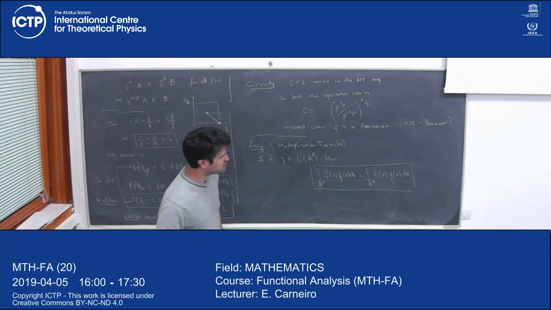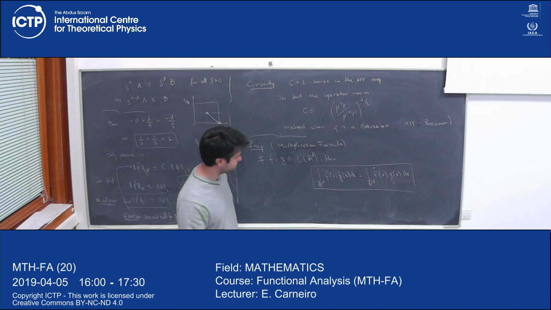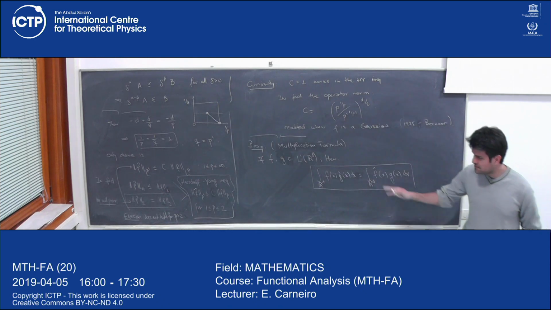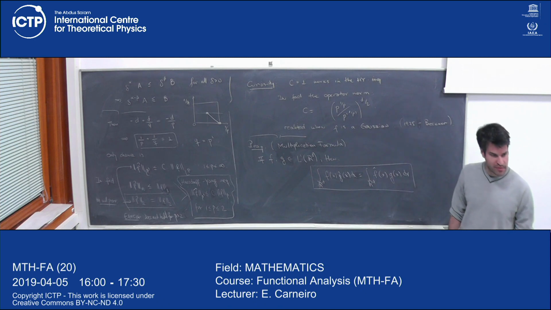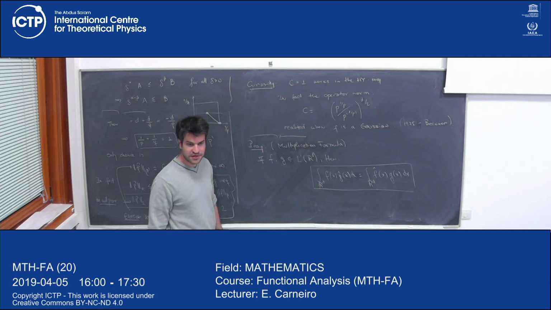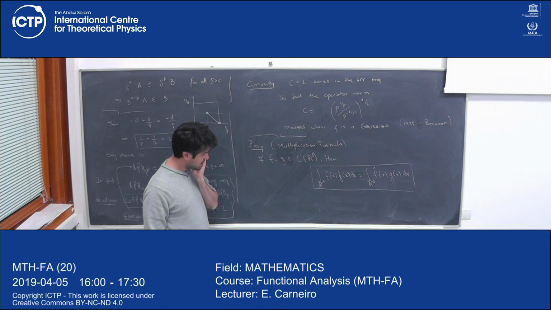So you can just move the Fourier transform to the other side. The proof is simple. It's just to open up one of these Fourier transforms and use Fubini. Things will be absolutely integrable because both functions are in L1, and we'll be done. Okay. This was the last result we proved in the last class.